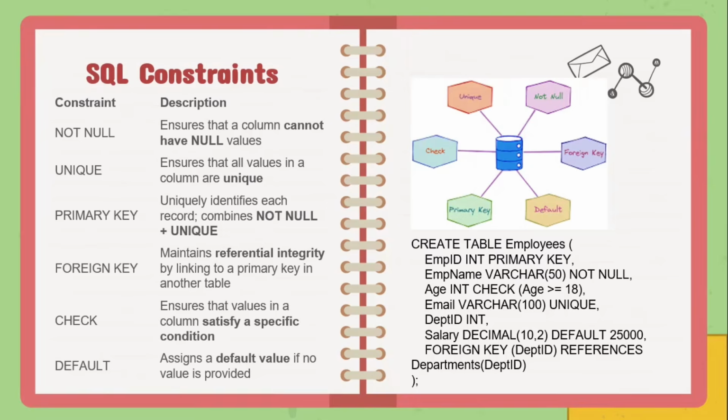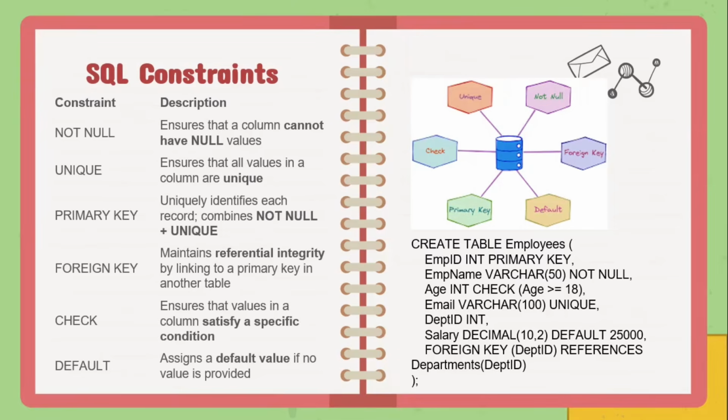And then age. Here we are including a check constraint to check that the age should be greater than or equal to 18. That means if the user types any person's age below 18, then it will be discarded. So we are filtering the data of persons having a certain age.